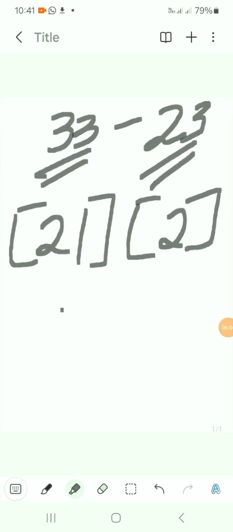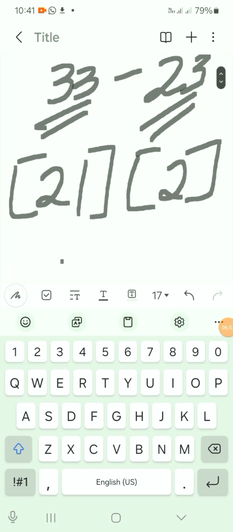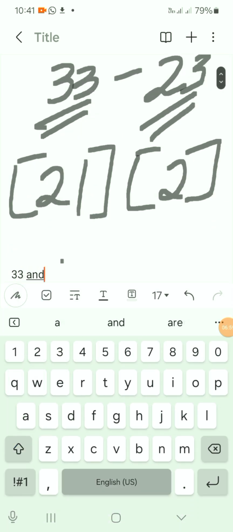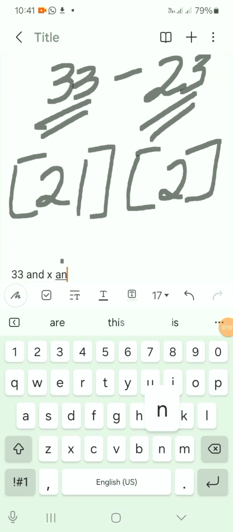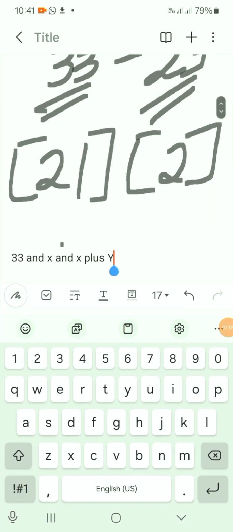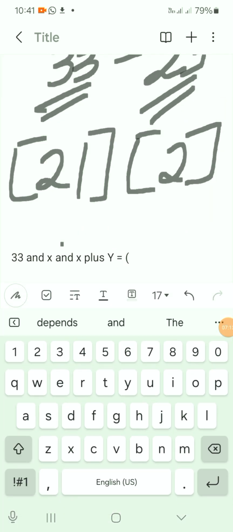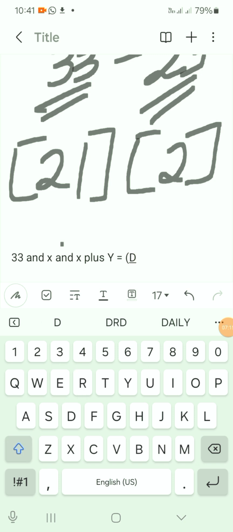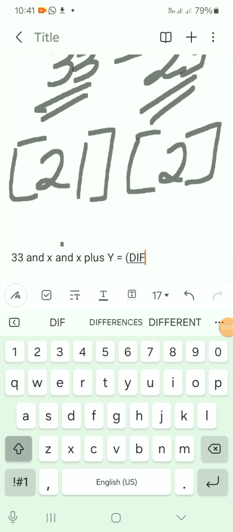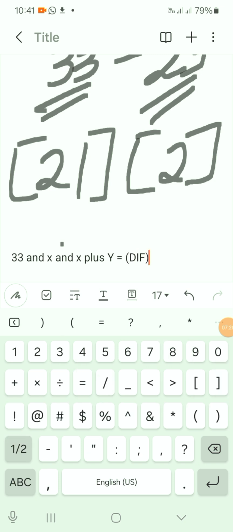We're going to say 33 and x plus y, right? It is going to equal the difference. The difference is whereby we are now going to add the difference with 21. We are going to add the difference with what?